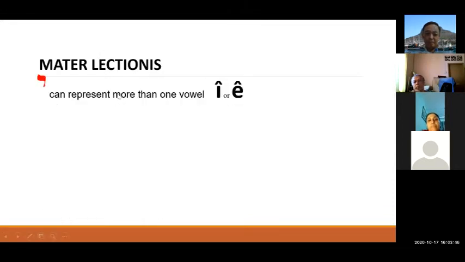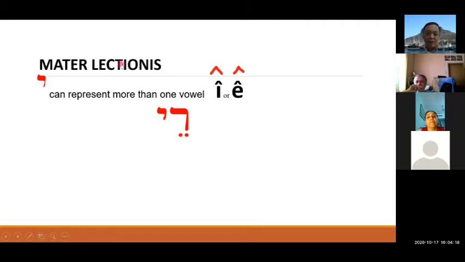Now the Mater Lectionis can be represented as, remember the arrowhead, like a rocket going up. It is a long I vowel or long E vowel. Here, for example, you have the tsere and you have a yod, so you pronounce this as re.